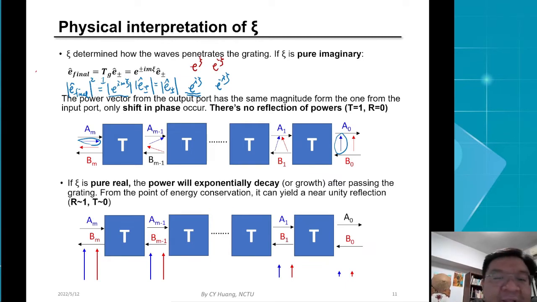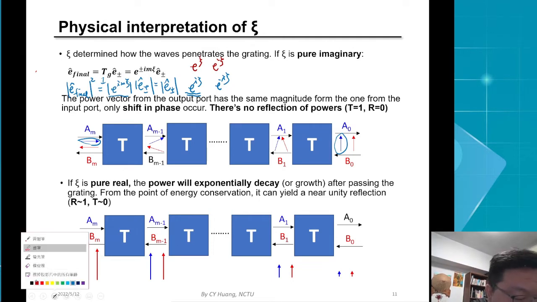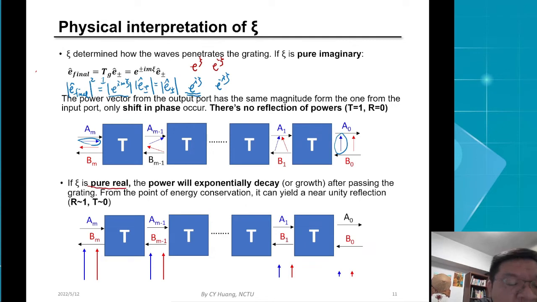But in the second case, if the c is purely real, that means the power will exponentially decay or grow after passing through the grating from one point to the other.